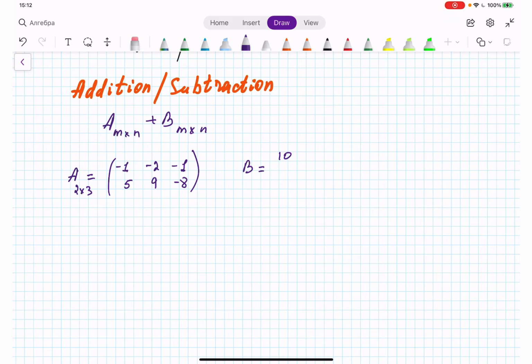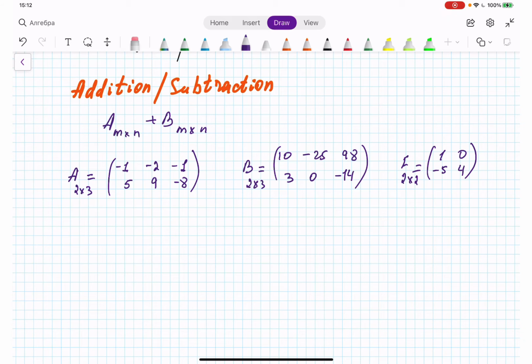It has 10, -25, 98, and 3, 0, and -14. So this matrix also has 2 rows and 3 columns. And matrix F has 1, 0, and -5, and 4. So it is a 2 by 2 square matrix.